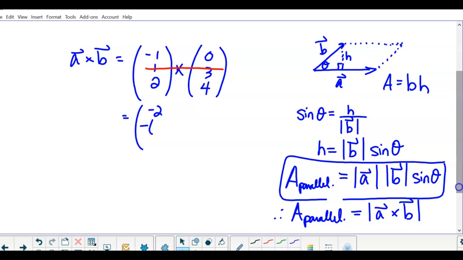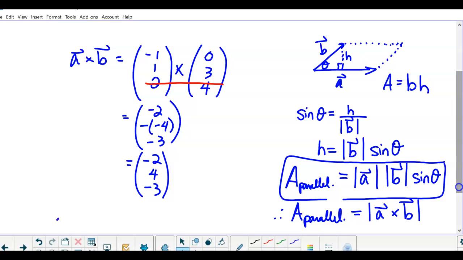And then opposite of negative 4 minus 0. And then negative 3 minus 0. Okay, so now this one.